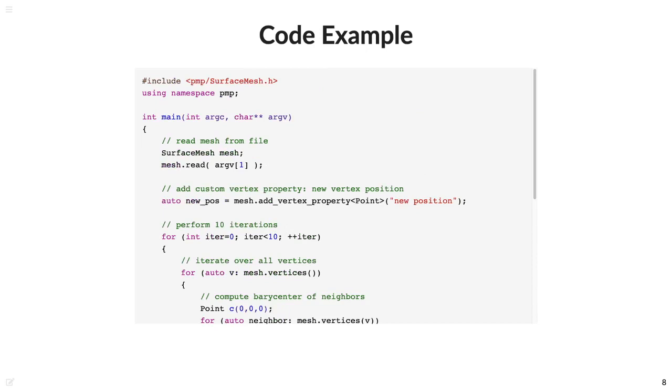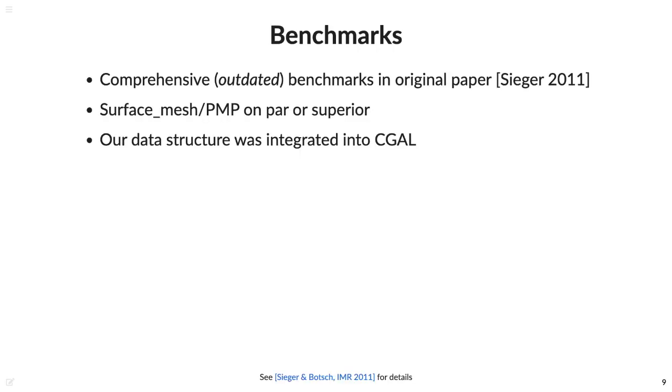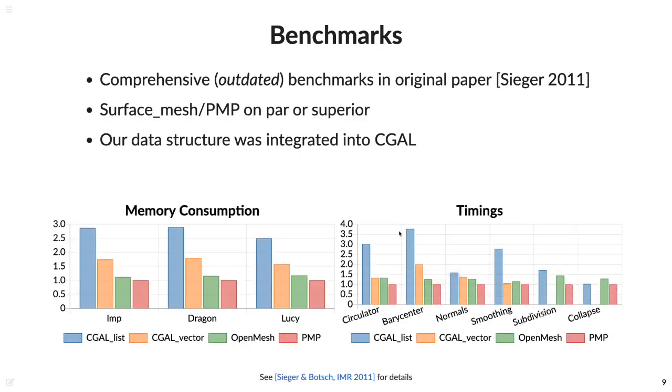So when we designed it back in 2011, we did some quite comprehensive benchmarks. So the numbers are listed here. They are totally outdated right now, but just that you get a rough feeling. So we compared at this time to the polyhedron implementation of CGAL, both the list version where everything is stored in linked lists or in vectors, and we compared to OpenMesh and PMP, and it's all relative to PMP, which is normalized to 1.